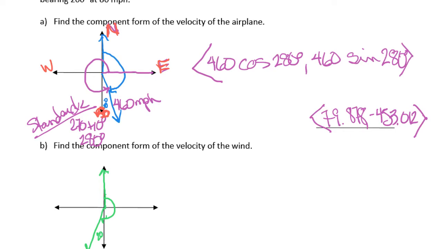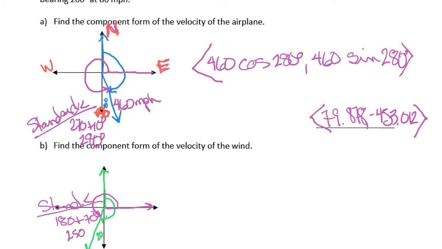And so let's come up with our standard angle measure. Starting on my positive x-axis, this is 180 plus 70 more. So 180 plus 70 gets me my standard angle of 250.